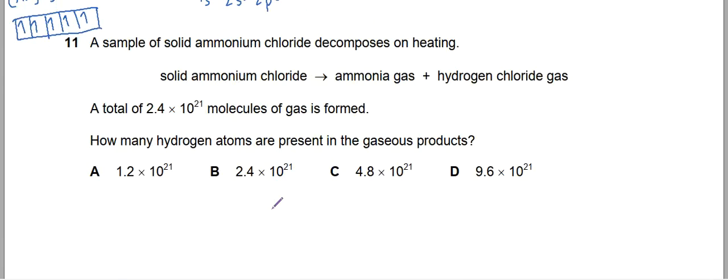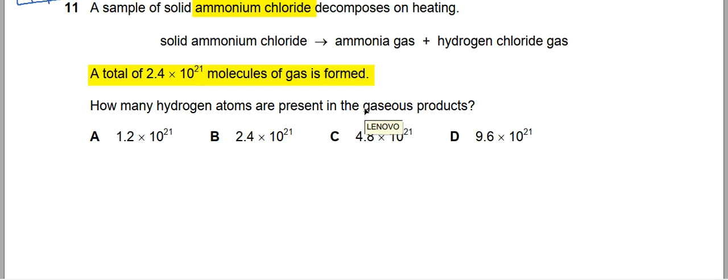Next, decomposition of the ammonium chloride. A total of this many molecules of gas form. For this question, the first thing we can do is to write down the equation for this reaction.